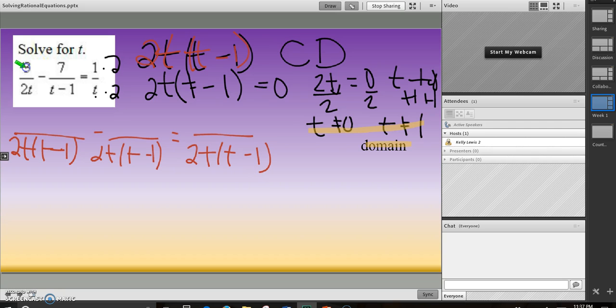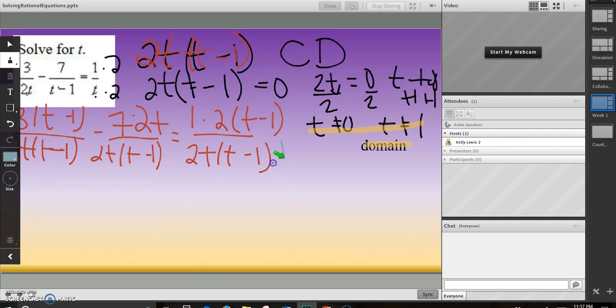All right, so 3, the only thing this is missing is t minus 1. This is a t minus 1, and what that's missing is a 2t, and then this is a t, so it's missing a 2 and a t minus 1. All right, so the bottoms are the same, so they go away.